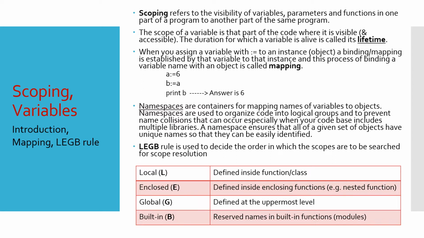That's called the enclosed type of rule. And then a global one is defined at the uppermost level. This is commonly used in computer programming, where you can declare a variable, let's say t is equal to 0, and then you want t to be available in any subroutines or subfunctions everywhere.